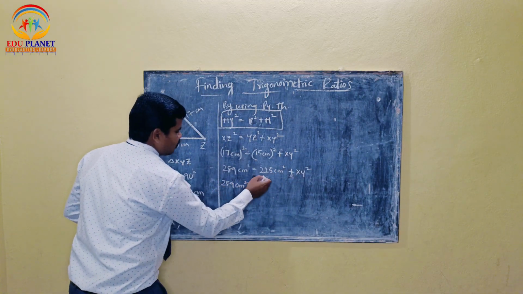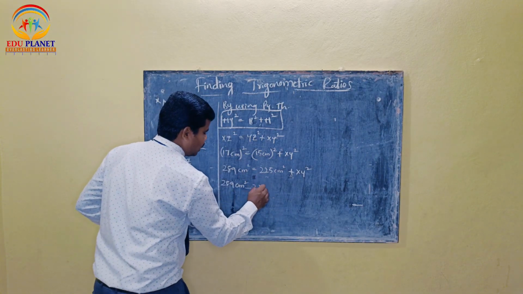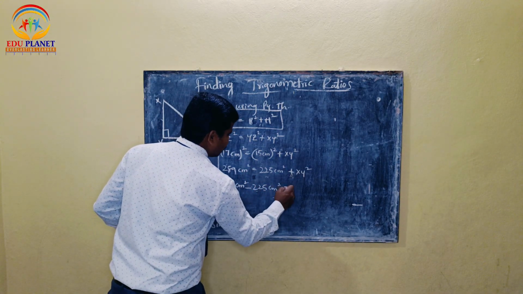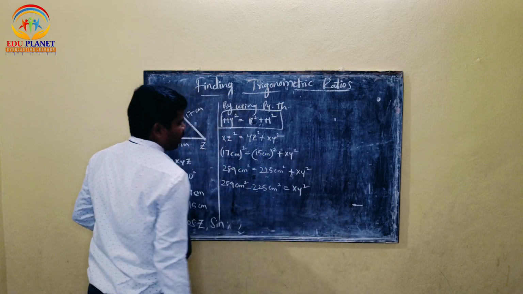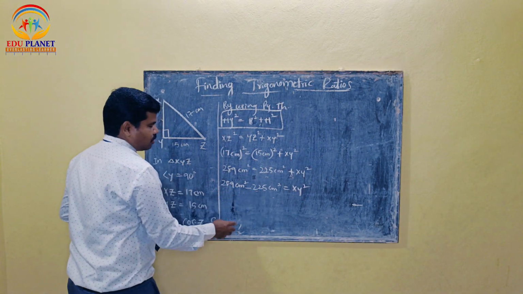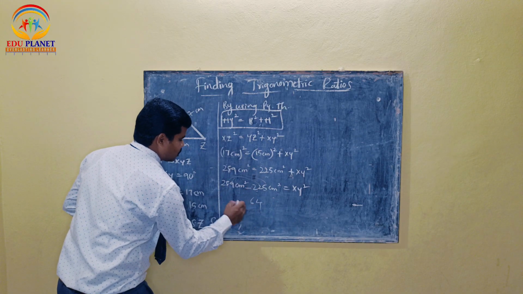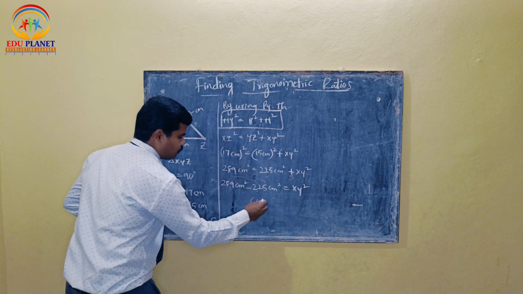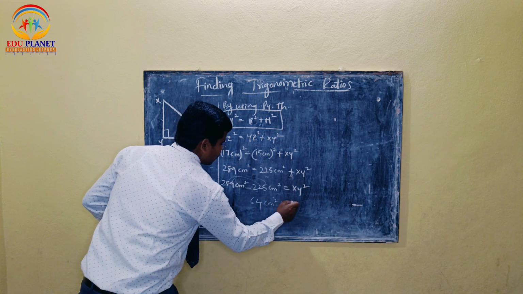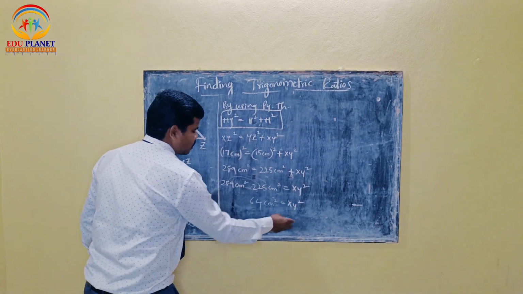If I bring 225 to the left-hand side, it becomes minus 225 centimeter square. XY square remains 289 minus 225. 9 minus 5, 4; 8 minus 2, 6; 2 minus 2, 0. It means 64 centimeter square equals XY square.